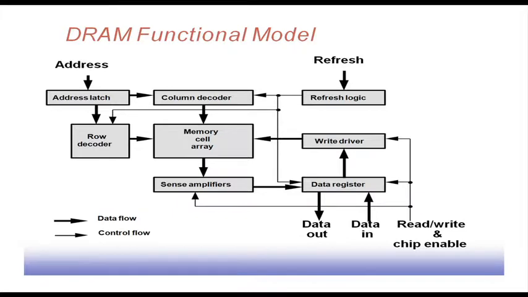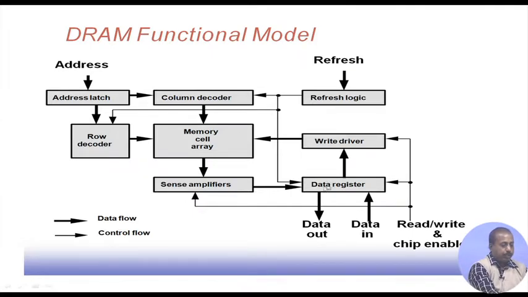The difference between the logic on the bit line and bit bar line tells us what value was stored in the cell. A sense amplifier amplifies this difference, and it is stored into the data register.